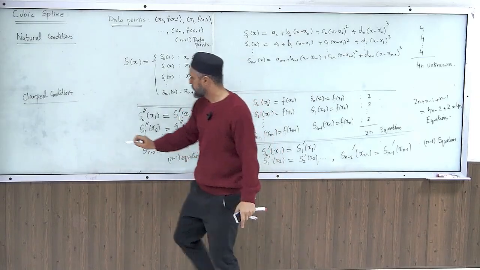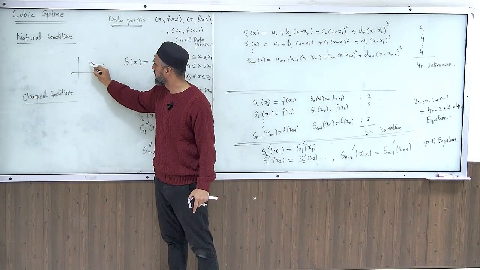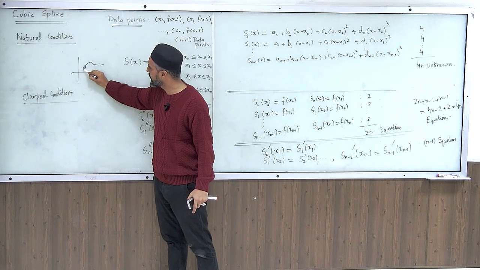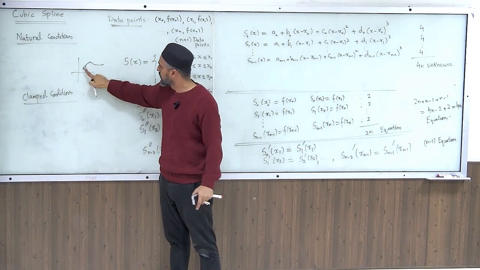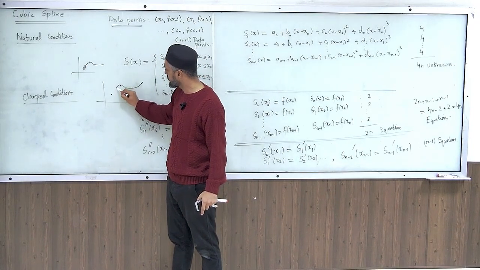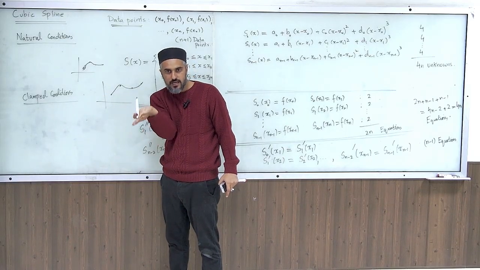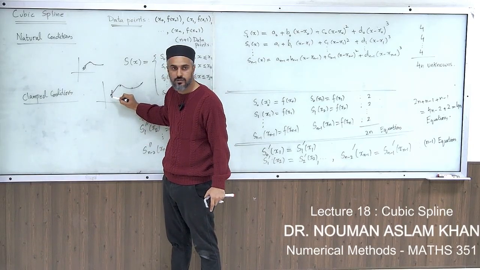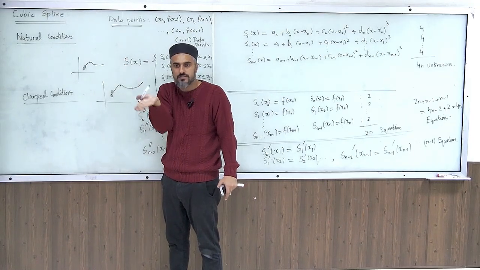There should not be a behavior like this at the endpoint. There will not be much change at the endpoint. A smooth behavior at the endpoint means that if the curve is coming straight, it keeps coming straight, with no big change at the endpoints. So there should be a straight line coming towards the end.